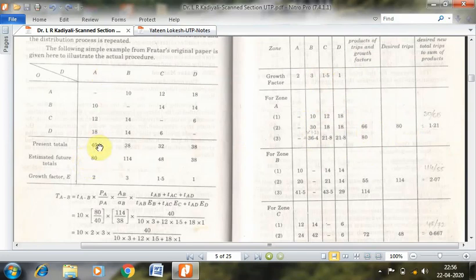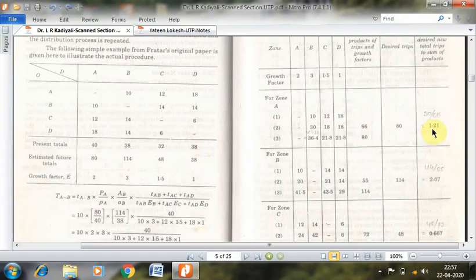For zone A, the desired trips or the future number of trips is 80. For zone B, it is 114. For zone C, it is 48, and for D, it is 38. So 66 and 80 are what you need to keep in your mind.